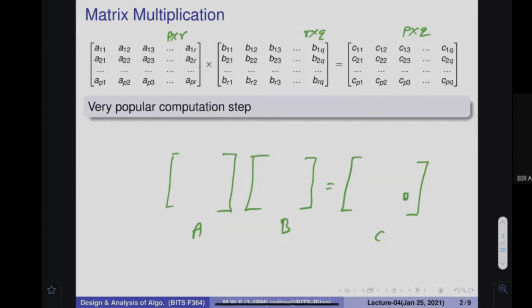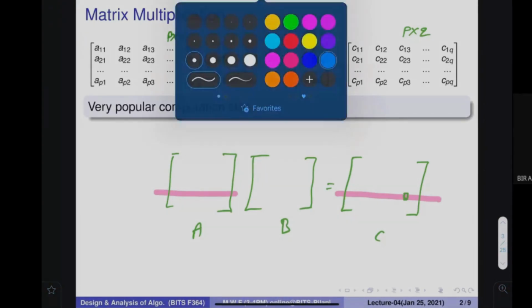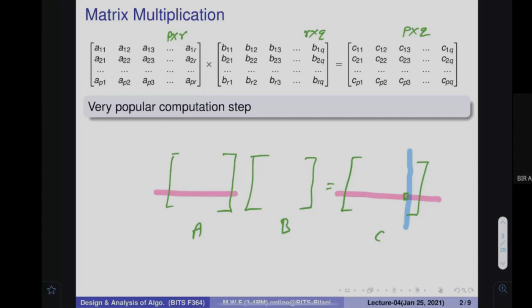This item is in a particular row, so you have to pick all the items from this particular row, and this item is also in a particular column, and this column would be taken from B. So all the items which are here, for example one item is here and another item is here, are going to be multiplied. Similarly, this item is multiplied by this item, and so on. All the items in sequence are multiplied, and we find the summation. This is the standard equation.